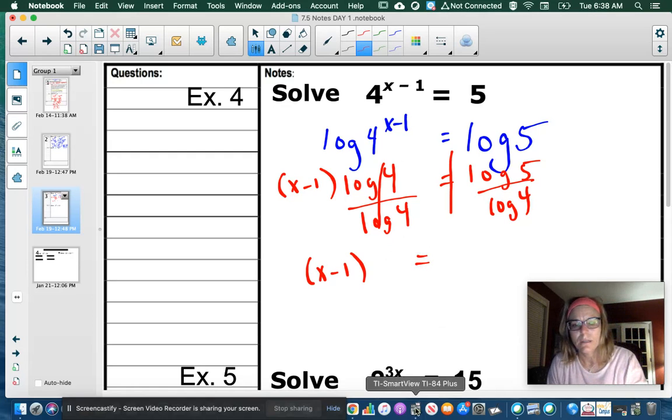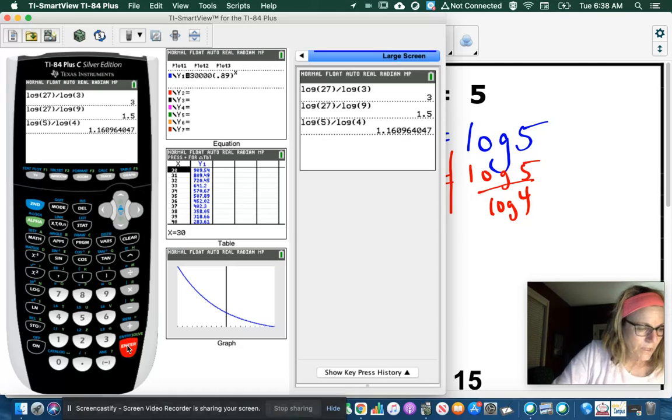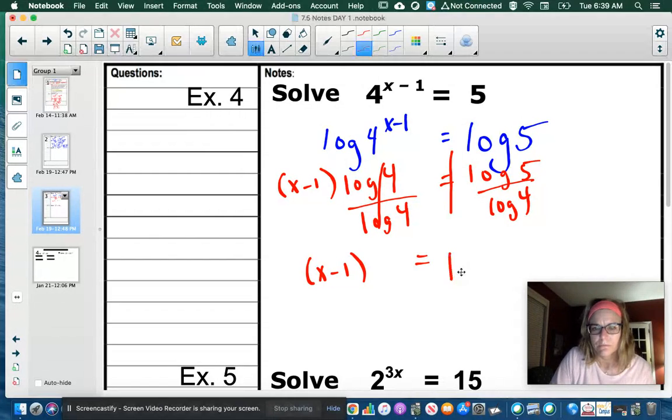And grab out our calculator, and I take log 5 divided by log 4. When you get an answer like this where there's a lot of decimals, I will always round to the nearest hundredth, 1.16. And I'll write a note: we round to nearest hundredth.